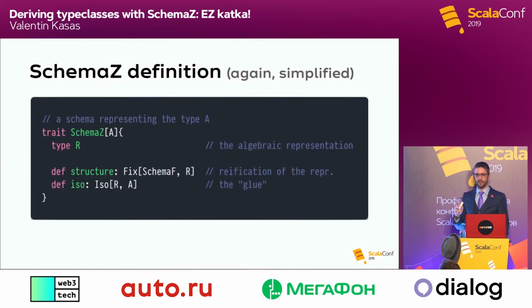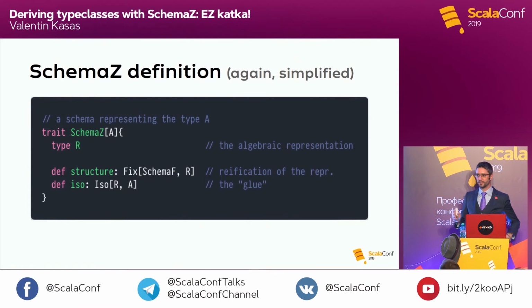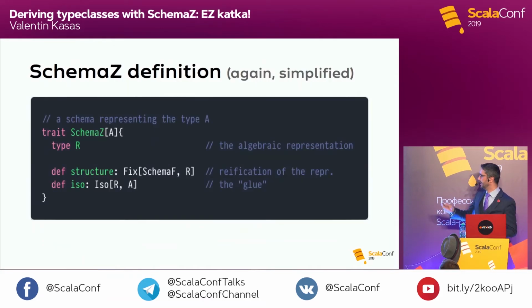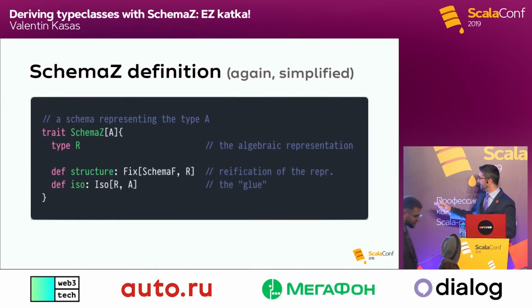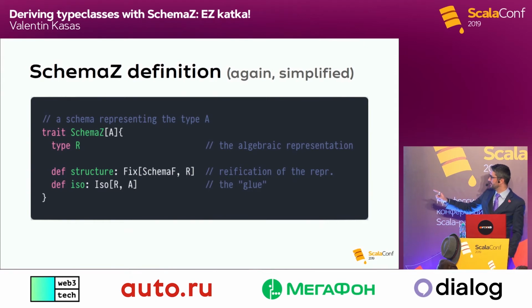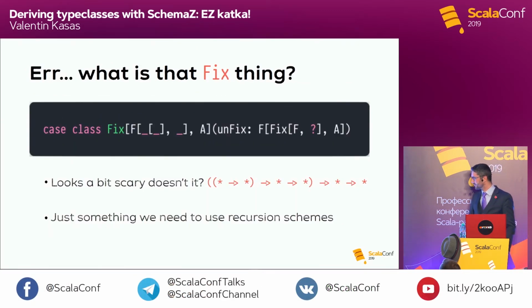And it contains two things: a structure, which is what it's composed of, and the isomorphism that goes from the internal representation to your type. And if you look closely, this structure is in fact expressed as a Fix of SchemaF and R. So what is this Fix?